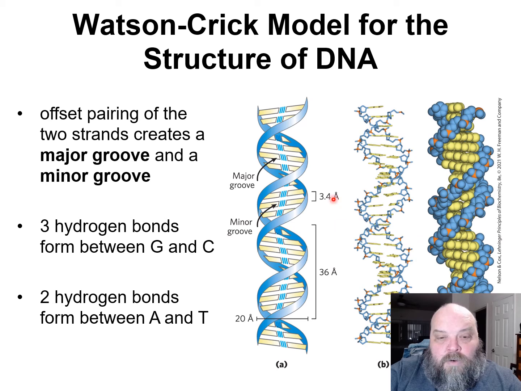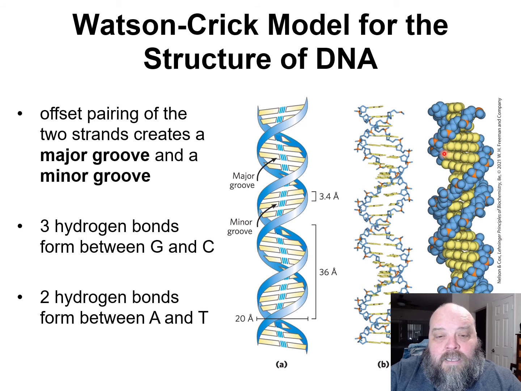Here you see a computerized ball and stick model of what Watson and Crick put together and what they figured out. Nowadays we do this space filling model. The blue with the little reds inserted here and there, that's the sugar phosphate backbone. The yellow, those are the nitrogenous rungs.